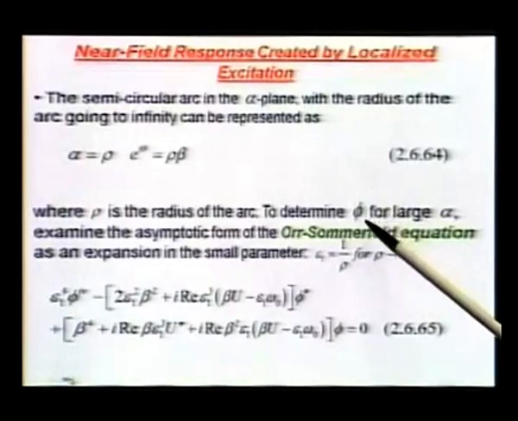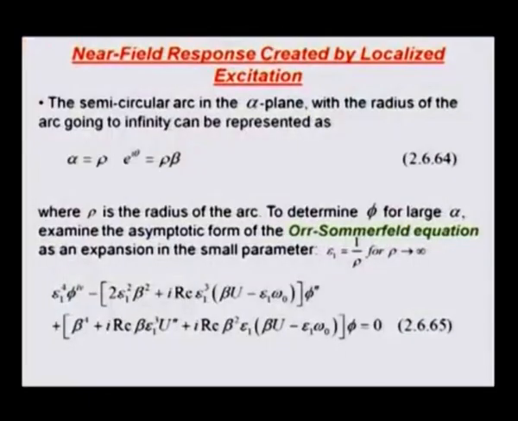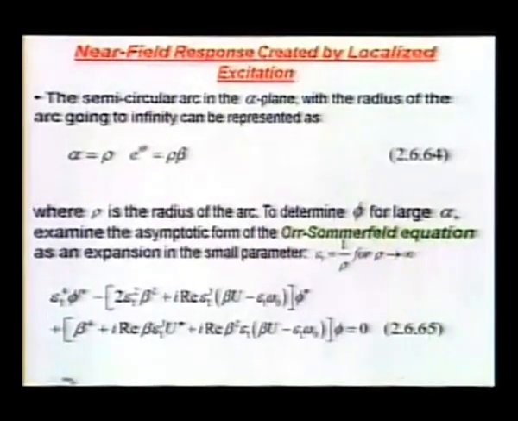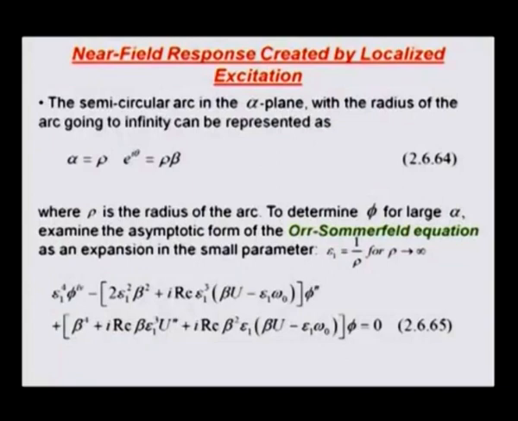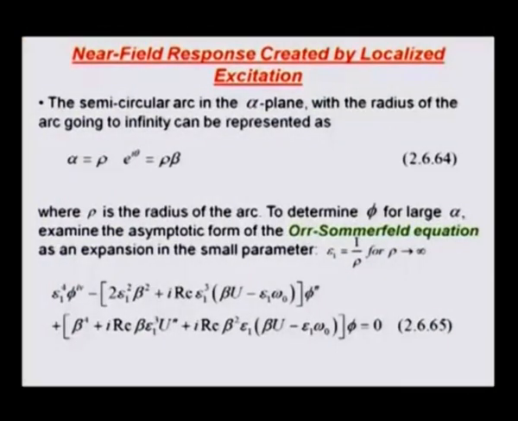We are now trying to figure out what this phi is going to be for alpha going to infinity. So, that means rho should go to infinity. So, what happens? I can define a small parameter, call it epsilon 1, which is 1 over rho. As rho goes to infinity, epsilon 1 goes to 0.